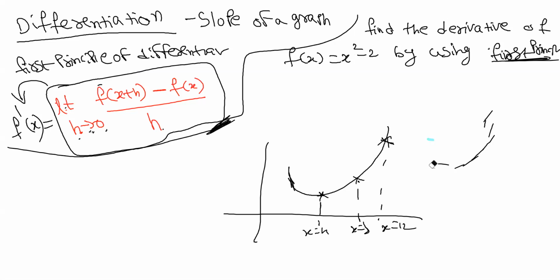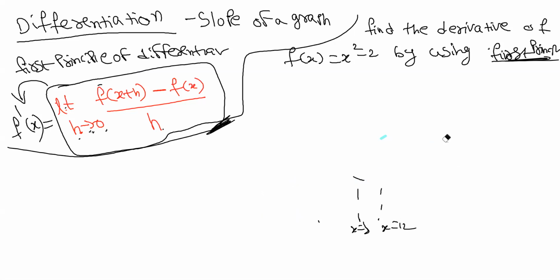We need the slope at one particular point, not at all. We can't find it directly. So let us suppose at x equal to 8, we have to find this.